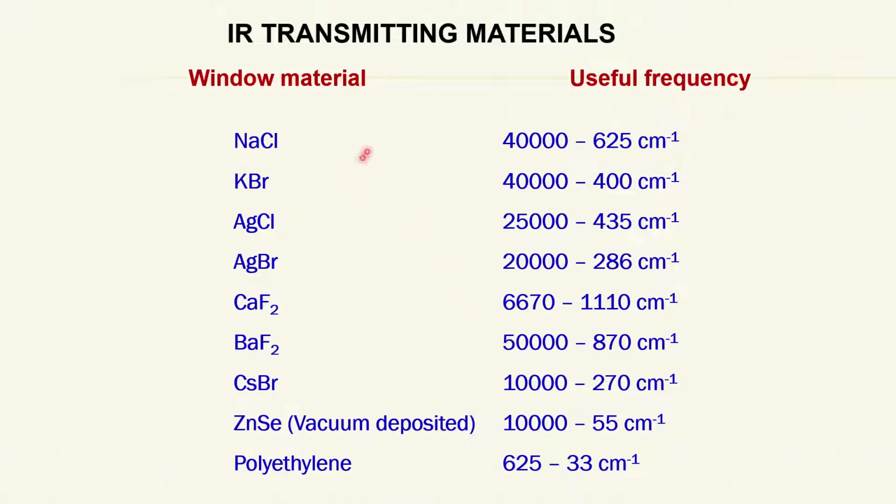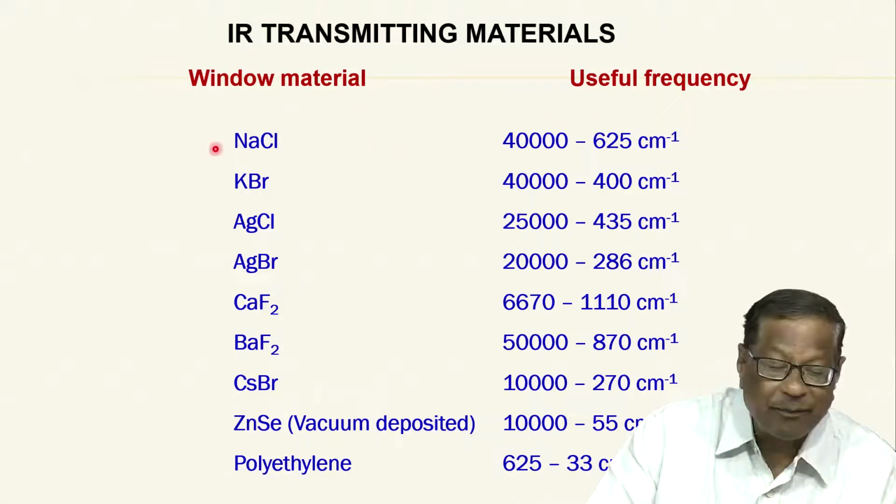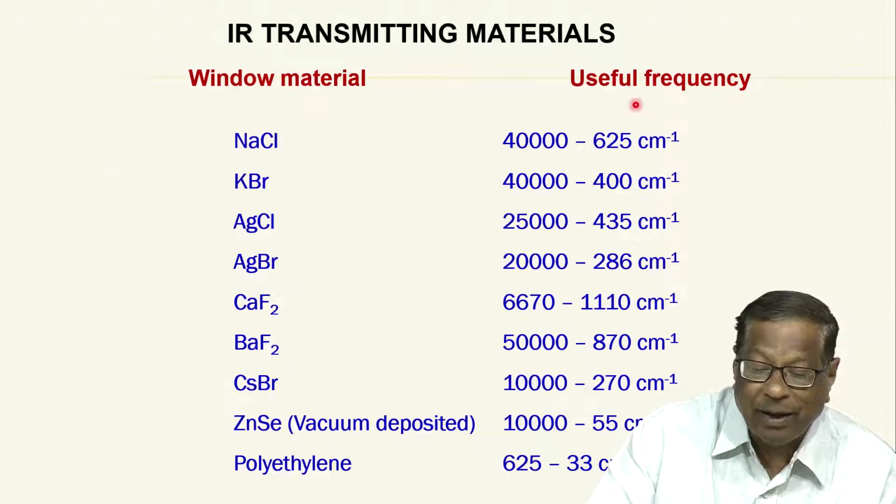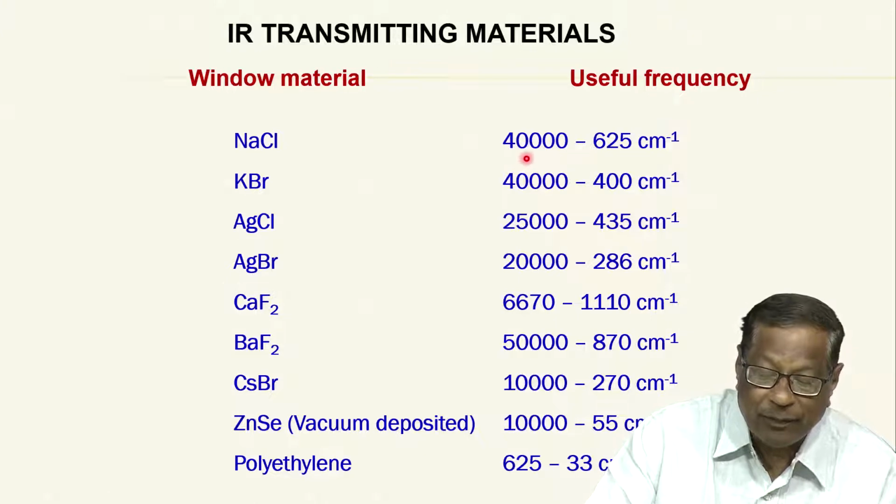So here I am plotting the IR transmitting materials. On the left side I have window material, on the right side I have the useful frequency range in which they are effective. So, here sodium chloride starts from 40,000 to 625 centimeters inverse.